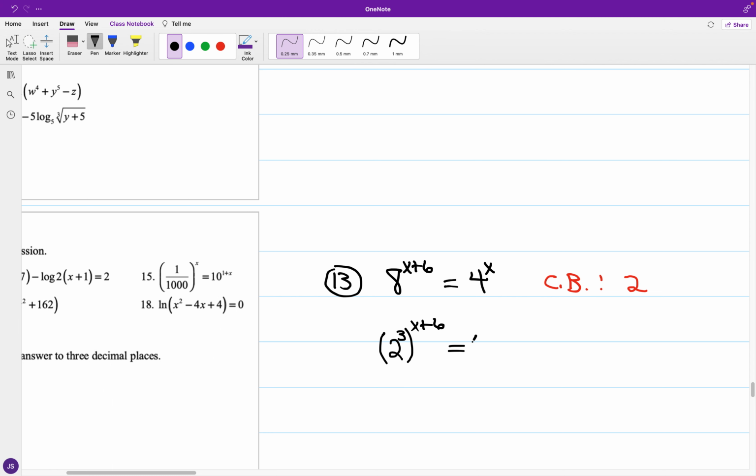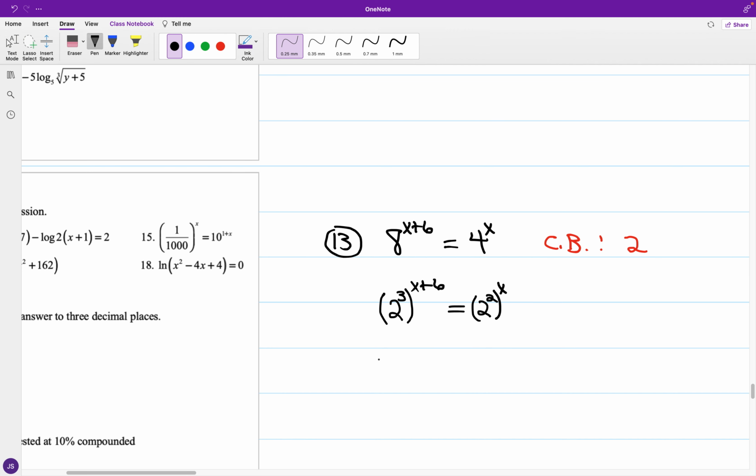For 4 to the x, 4 is 2 squared, thus 4 to the x will be 2 squared raised to the x. So on the left we have 2 raised to the 3 times all of x plus 6, and that's going to be equal to 2 raised to the 2 times x power.